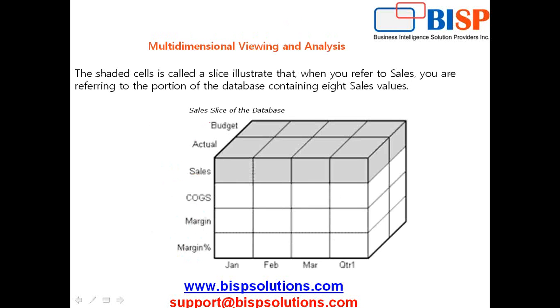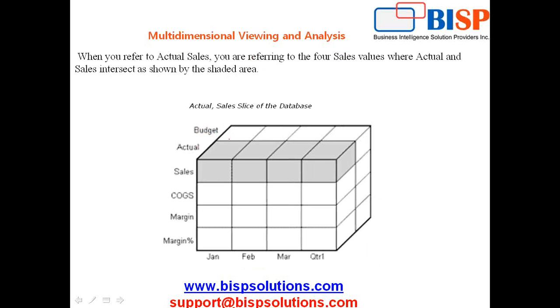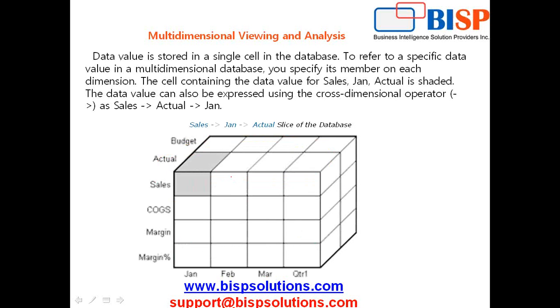I can gray out the box, one part of the box I marked with a gray color, which demonstrates we are focusing on one part of the cube. It's total sales for actual versus budget. I could further gray out one intersection for total sales for all 3 months, total actual sales for all 3 months. I could even focus on one specific element of your multidimensional database like January actual sales.